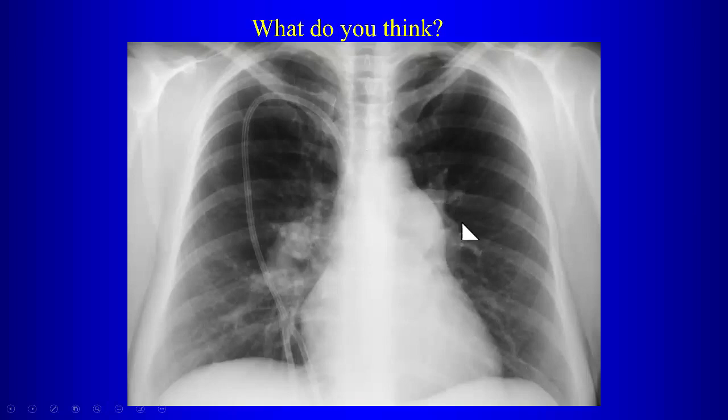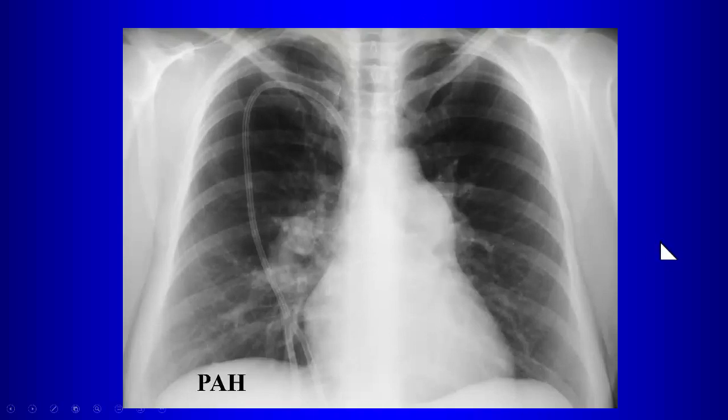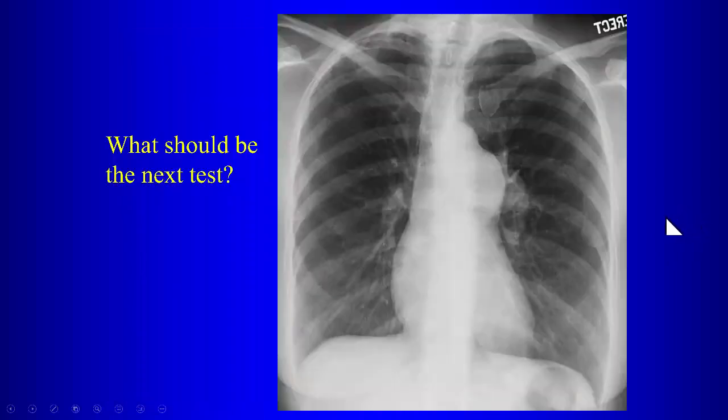And also back here, we can see that the left pulmonary artery also looks enlarged. So for this patient, we would consider what? Yeah, so pulmonary artery hypertension. If we have enlargement of the central pulmonary arteries, we need to think about pulmonary artery hypertension, and that's the case there. So later on, we'll go through the differential and the approach to pulmonary artery hypertension.